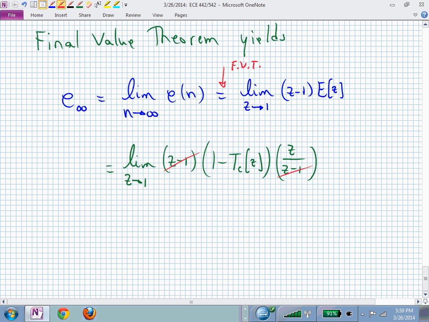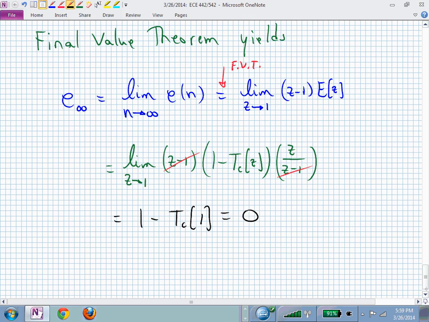And now as z goes off to 1, we're looking at 1 minus t sub c evaluated at 1. Evaluating that at DC, remember? And what do we want? We want our error to equal 0.